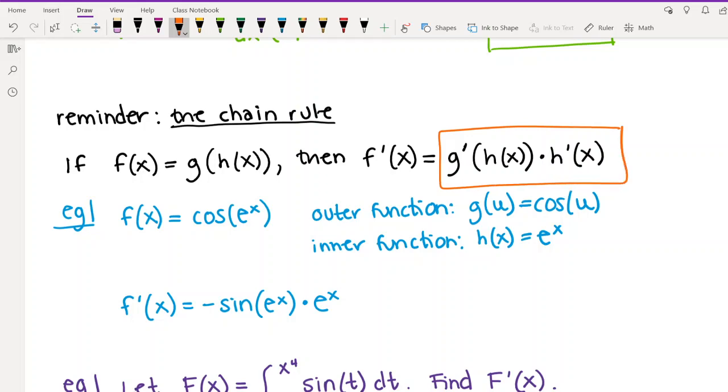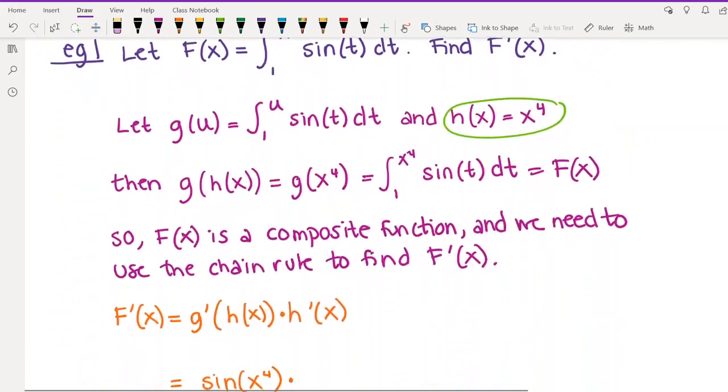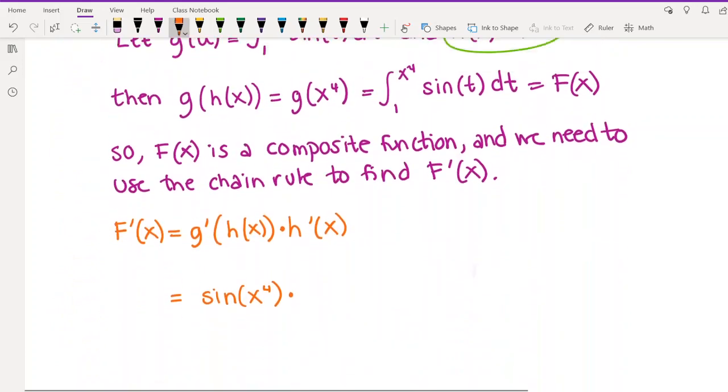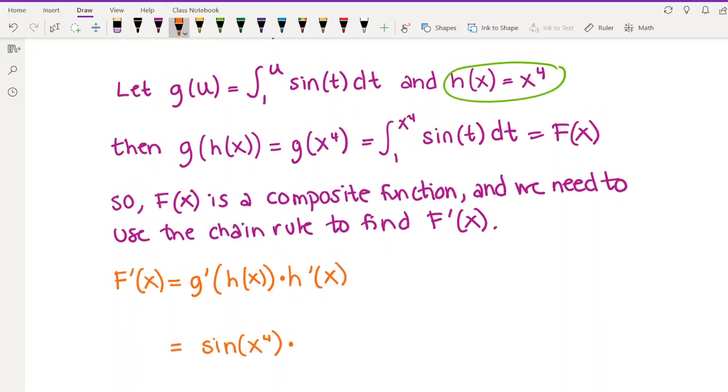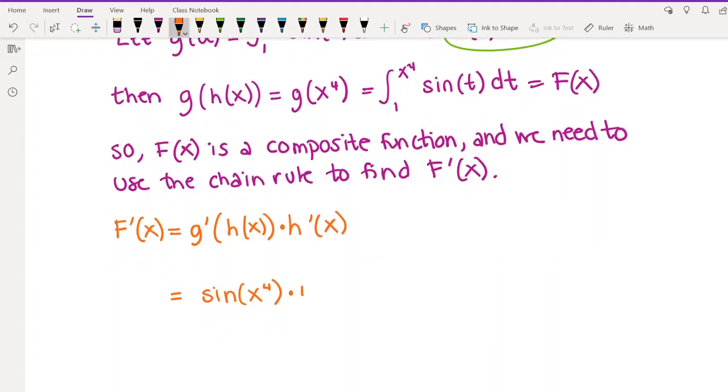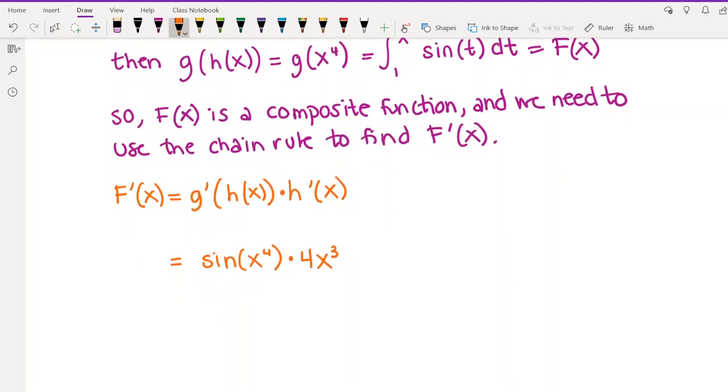The chain rule says g prime of h of x times h prime of x. So the last step of the chain rule is that we just take the derivative of h of x. And so what's the derivative of h of x? It's 4x cubed. And so our answer for this problem is sine of x to the fourth times 4x cubed.